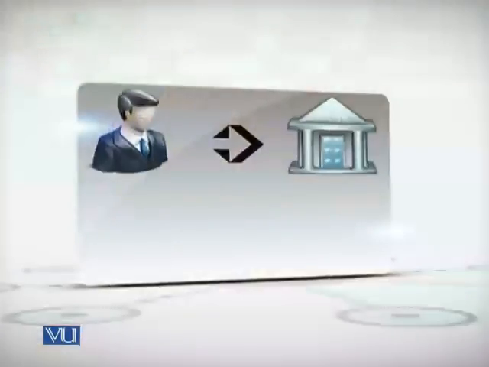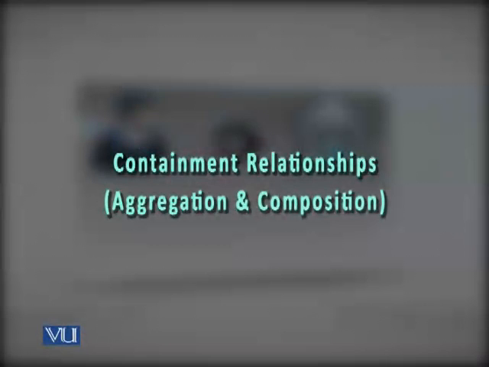As we have discussed before, this situation leads us towards a complex object, where one object is contained within another object. Composition is one type of containment and aggregation is another one. Composition is a stronger form of containment.